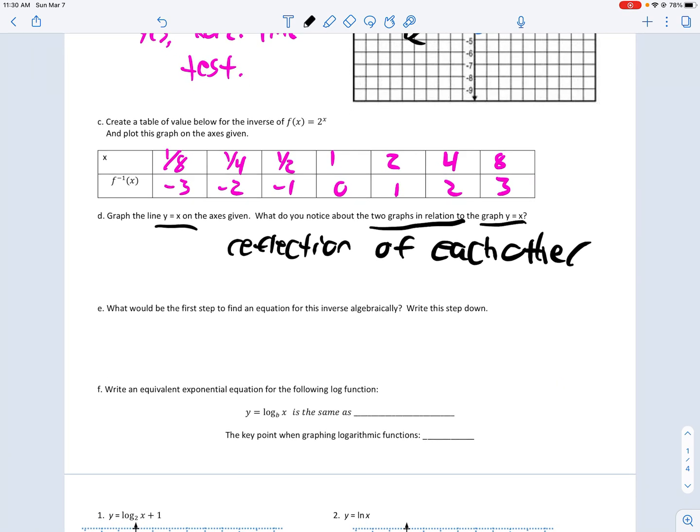So I've already mentioned this a few times. All right. What would be the first step to find the equation of the inverse algebraically? Write the step down. Right? You switch the x and y values.